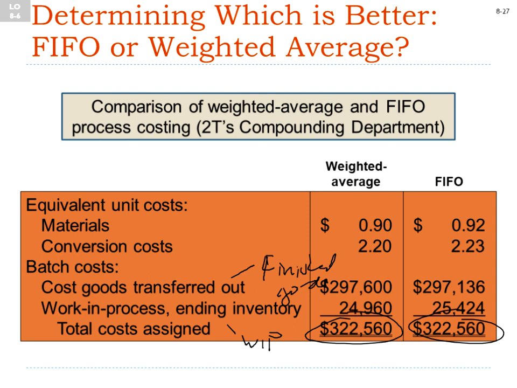That's one thing to watch out for. Some managers like to switch between methods in order to manipulate their earnings for a certain period. But generally speaking, you're going to account for the same amount of goods overall. So in the long run, it's not going to make a difference, but it might make a difference in the short run.